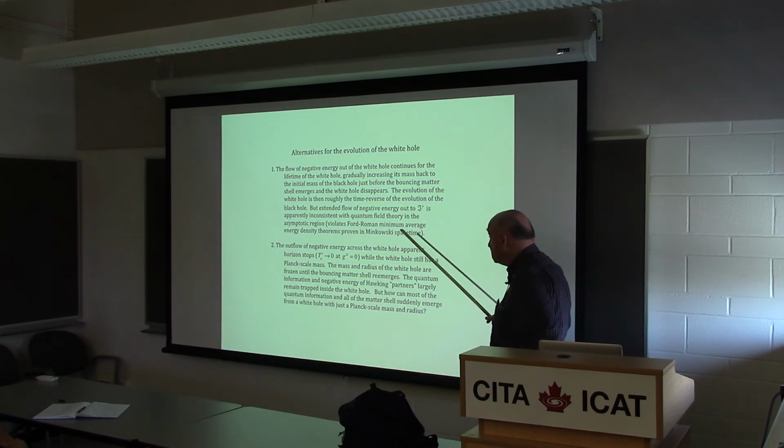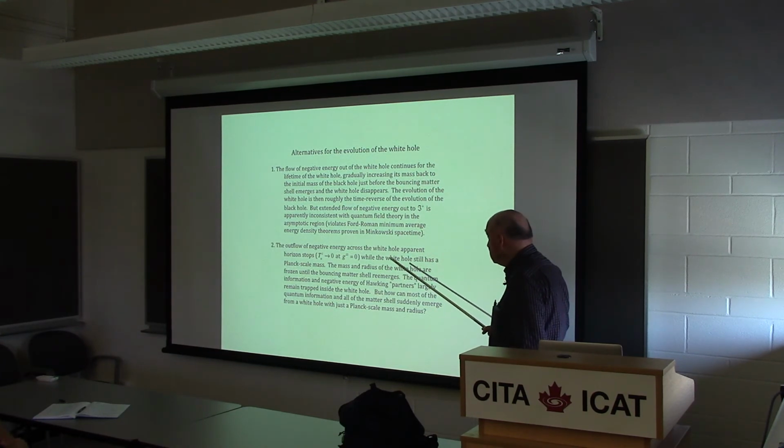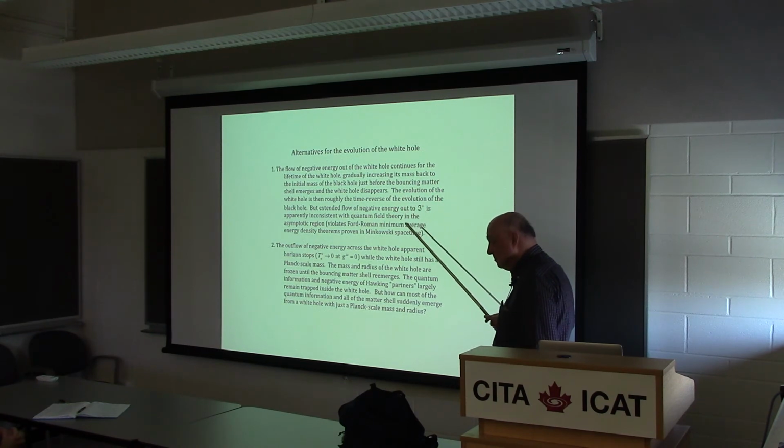That violates theorems proved in Minkowski spacetime. Of course, there's locally Minkowski spacetime, future null infinity, which says there's a minimum average energy. When you average the energy density as measured by a freely falling time-like observer over a long time, there's a minimum energy, which the longer the time you average, the less negative it can be. It can be negative, but how much negative it can be gets smaller and smaller the longer the time you average.